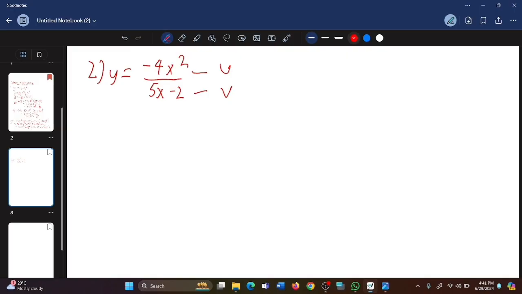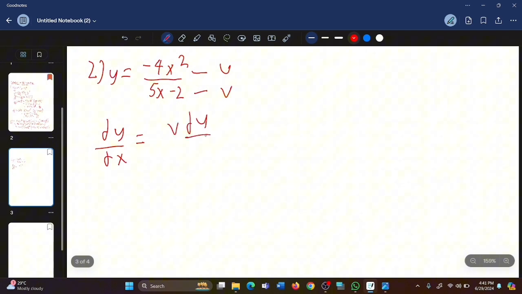Then let's write down the formula first. dy by dx, in the case of this u by v differentiation, is v du/dx minus u dv/dx, and then we divide the entire thing by v squared.